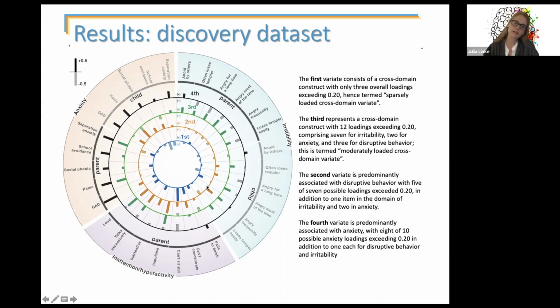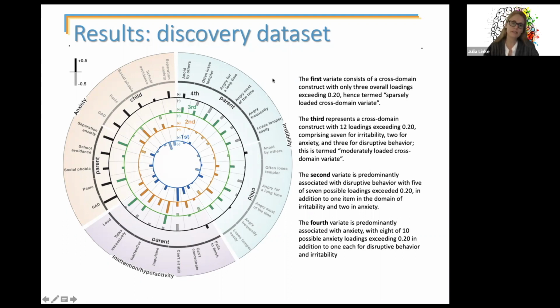And a similar pattern is observable if we look at the orange ring that represents the 2nd canonical variate. Here again, we see high loadings for 5 out of 7 items coming from the measure of disruptive behavior. Now, the third variate, the green ring, reminds of a previously reported shared factor of negative affectivity that is characterized by excessive and high arousal responses to negative affect.